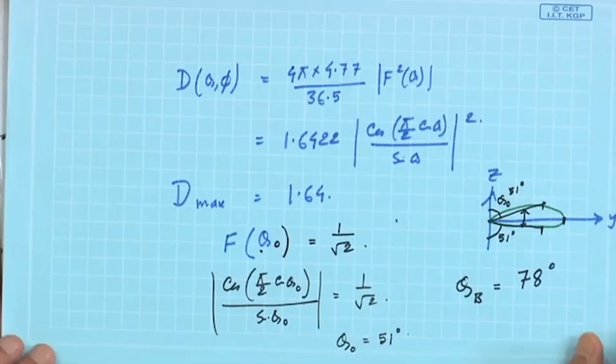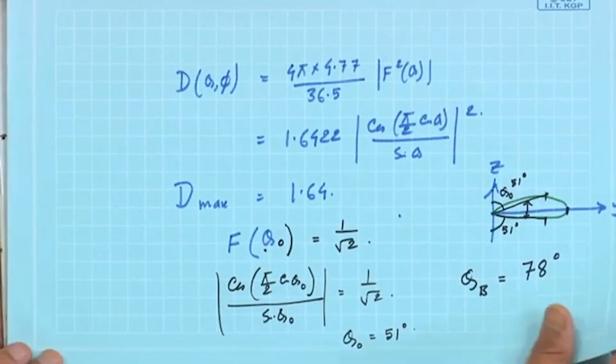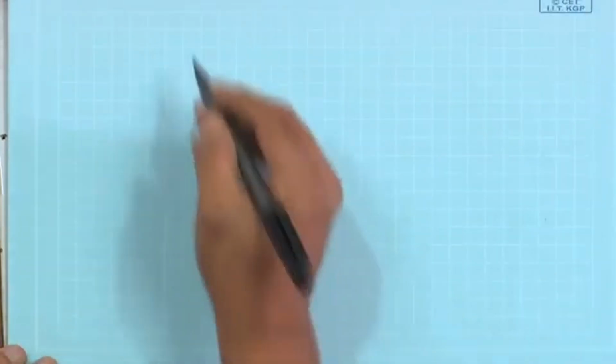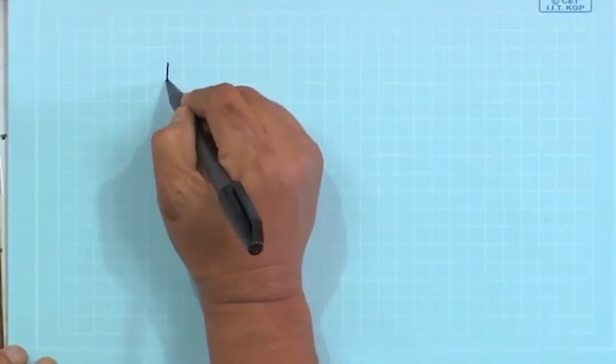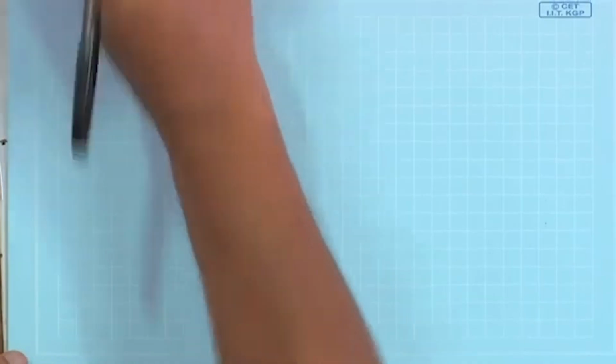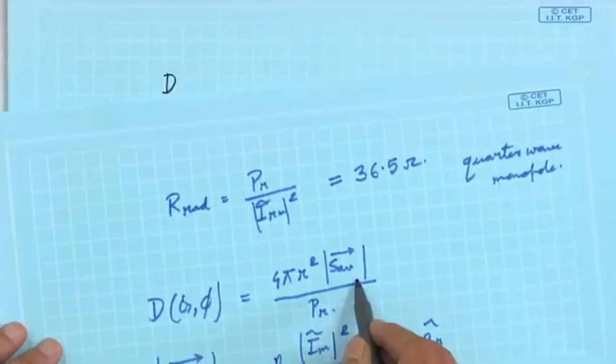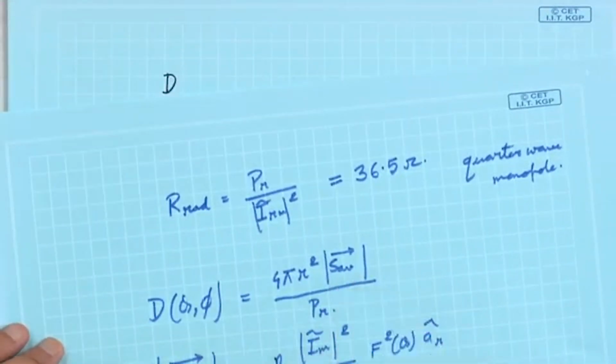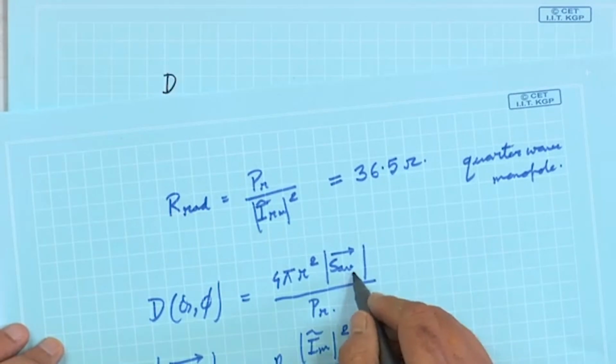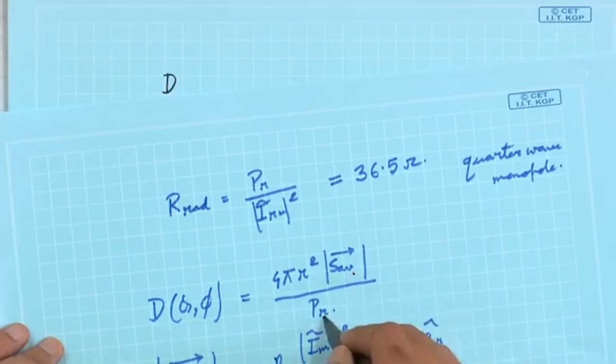So, now what are the corresponding things for monopole? For monopole, what is the directivity? If you look at the directivity expression, the Poynting vector is the same for monopole and dipole, but the power radiated for monopole is half, that means its directivity will be twice that of the dipole.